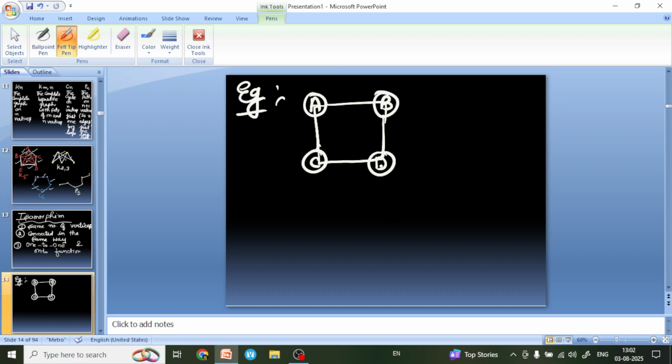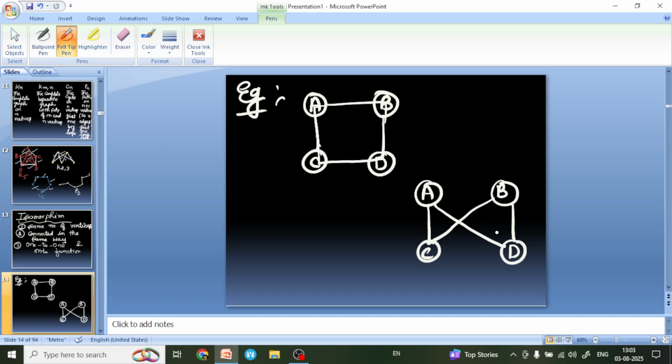Now I have taken all these four vertices A, B, C, D, A to C, B to D, but instead of drawing A to B, I will draw A to D and B to C. This graph is isomorphic because the number of vertices is 4 and the number of edges is 4.